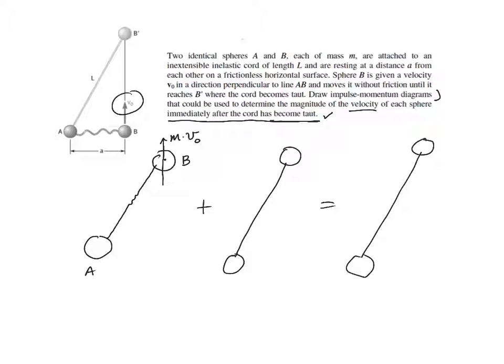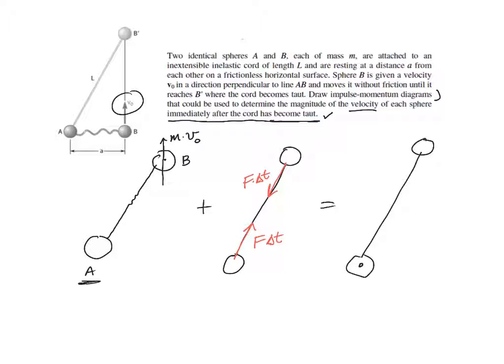Again, this is right before the impulsive load is applied. This thing becomes taut. So at that time, as it becomes taut, we've got that impulsive F times delta t, equal and opposite. And then afterwards, we've got velocities that we have to deal with.